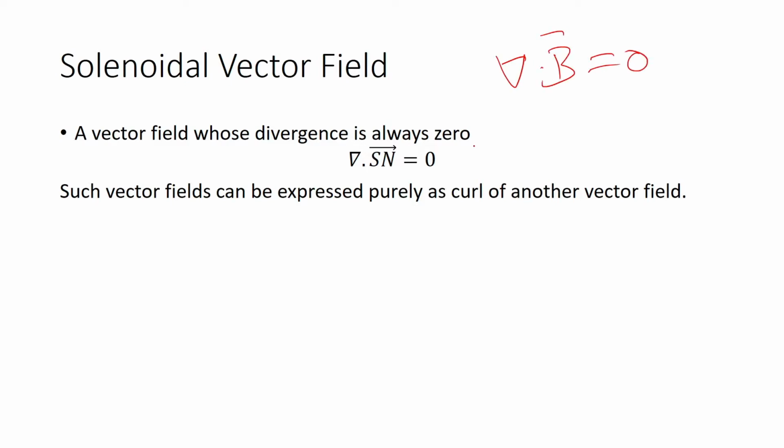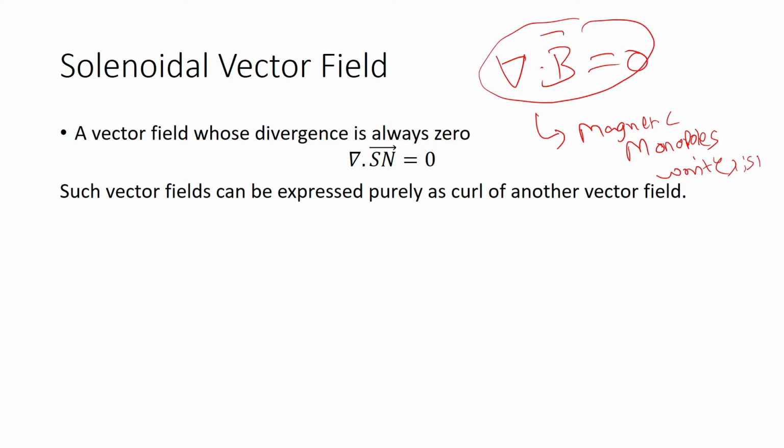As we have seen, del dot B bar is always equal to 0 because magnetic monopoles don't exist. Because magnetic monopoles don't exist, the divergence of magnetic flux density is always 0. Therefore, this is called a solenoidal vector field. Now, such solenoidal vector fields can be expressed purely as curl of another vector field.